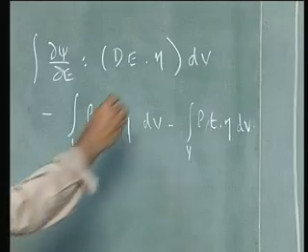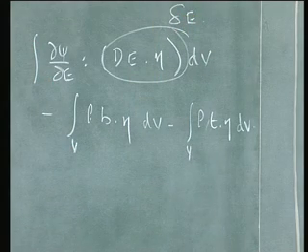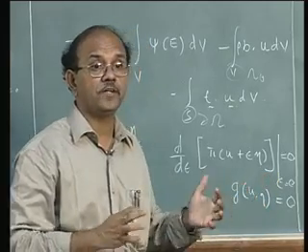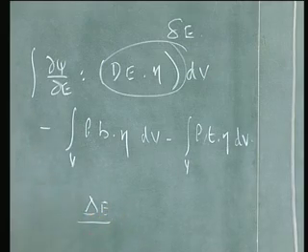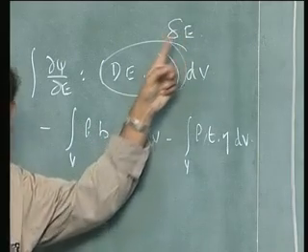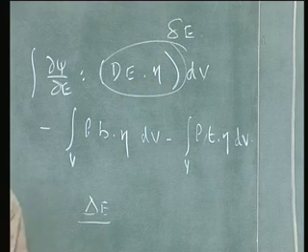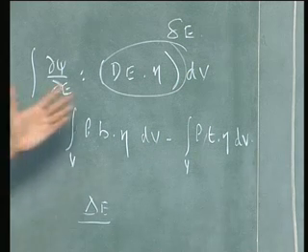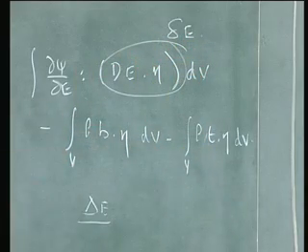Now if I write this as δE, note that dE·u is what we defined as δE in the last class. So this δE is the E along any direction η. Then we get the virtual work principle, and you see that this is the virtual strain, and the first term gives rise to stress. We will see more about this in later classes.